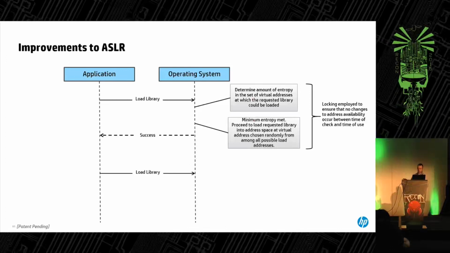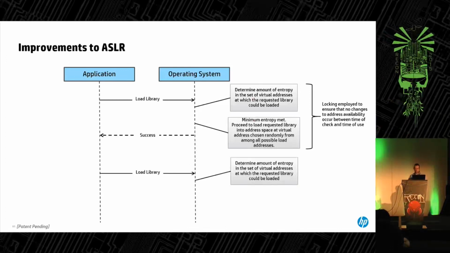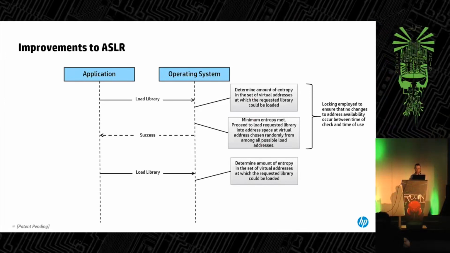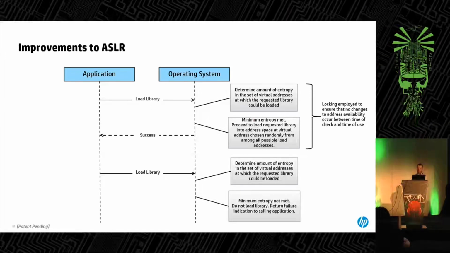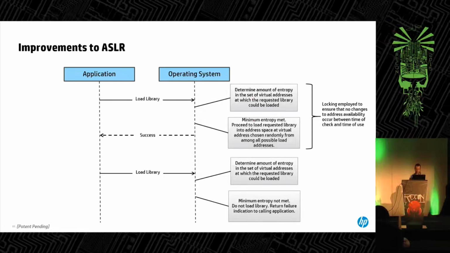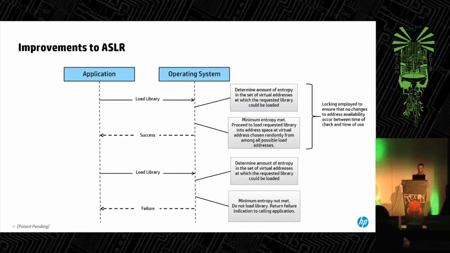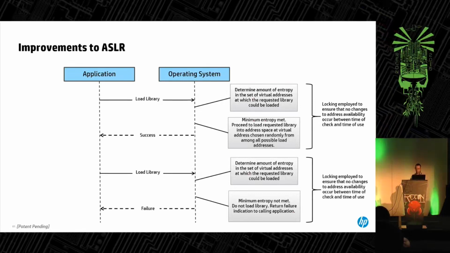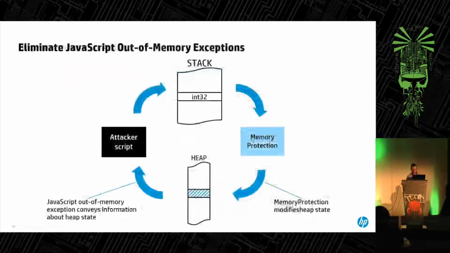Another time, the application requests the module to be loaded. Kernel examines how many places in memory are available for the module to load. This time, the kernel detects that there are too few possible load addresses. The kernel denies the module load request, returns failure to the application, and this shows the locking that takes place during the second request.